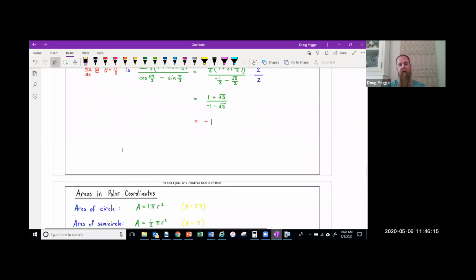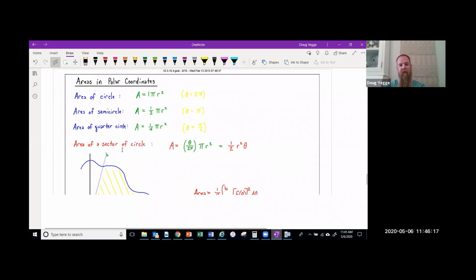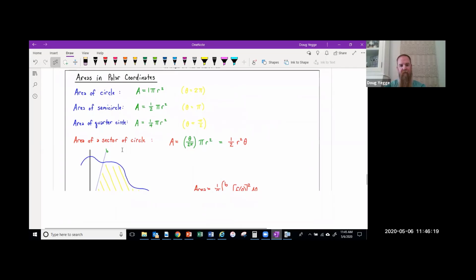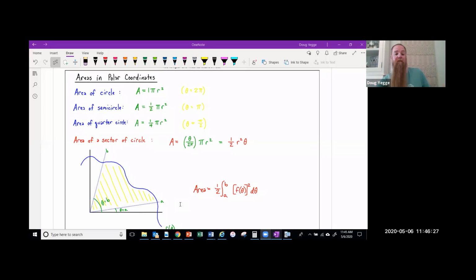All right. So if we want to now do area in terms of polar coordinates, then this all leads back to finding areas of sectors. The way that we start this off is just to realize that the area of a circle is pi times the radius squared.